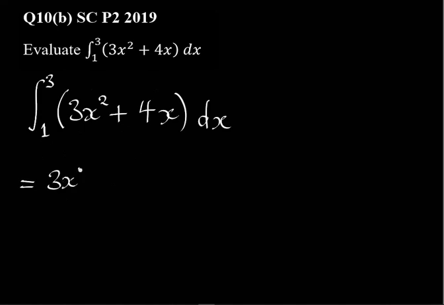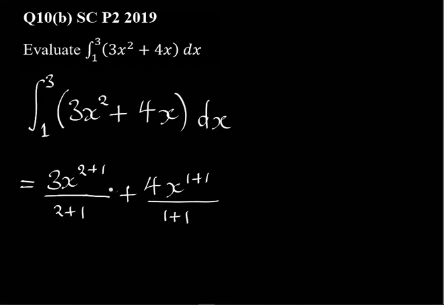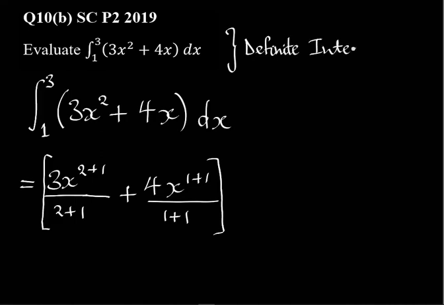So we've got 3x squared divided by, so we add the 1 there, 2 plus 1, then 4x to the power 1 plus 1 divided by 1 plus 1, and then because this is a definite integral, we're going to use these square brackets to our advantage.